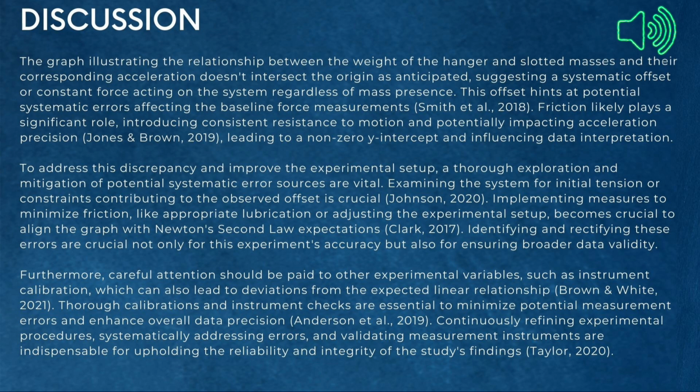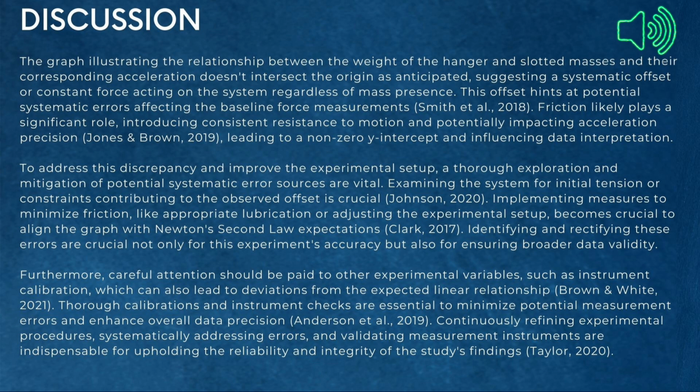To address this discrepancy and improve the experimental setup, a thorough exploration and mitigation of potential systematic error sources are vital. Examining the system for initial tension or constraint contributing to the observed offset is crucial. Implementing measures to minimize friction, like appropriate lubrication or adjusting the experimental setup, becomes crucial to align the graph with Newton's second law expectation.